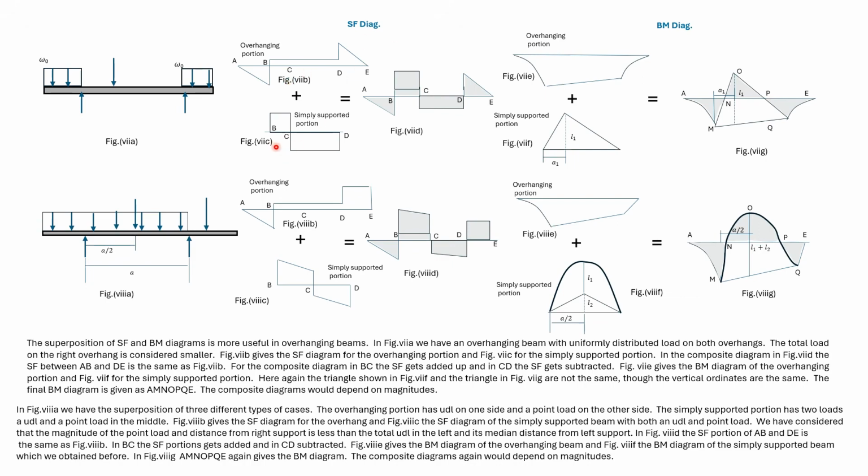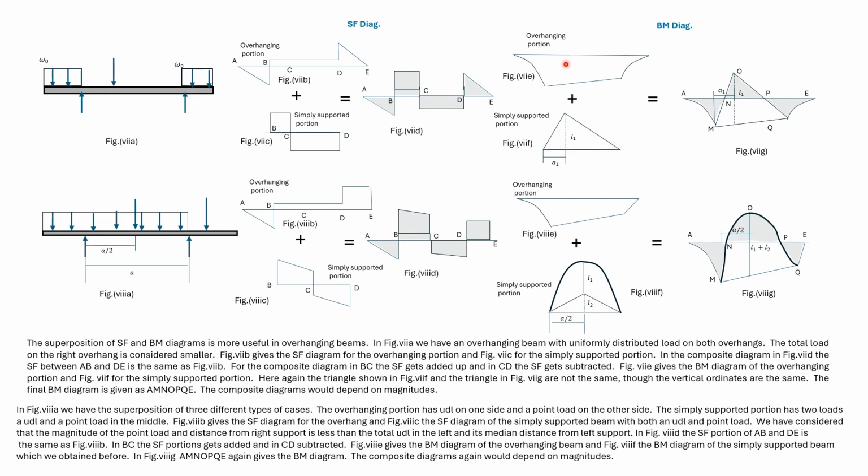This is the shear force diagram for the middle simply supported portion. With the composite diagram, we realize that AB and BE is directly taken from the overhanging portion shear force diagram. The portion in between B and C gets added up and the portion between C and D gets subtracted.